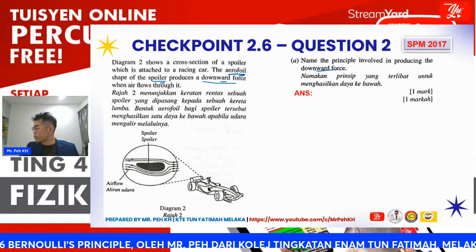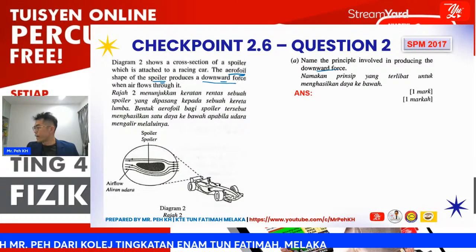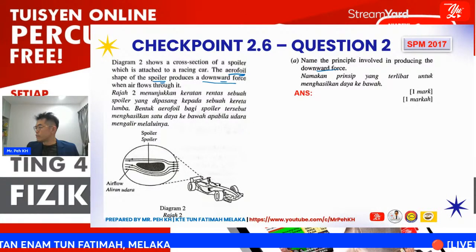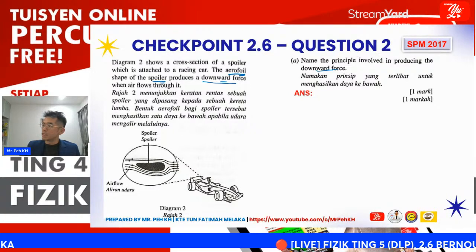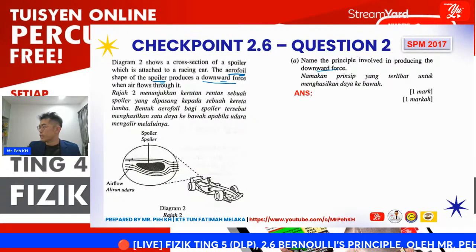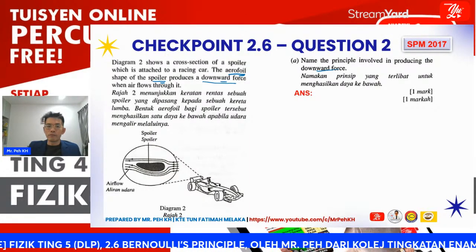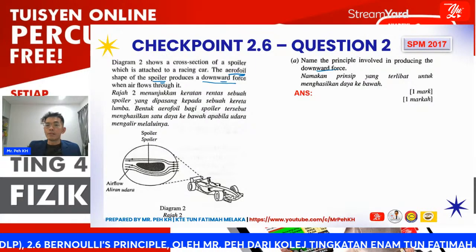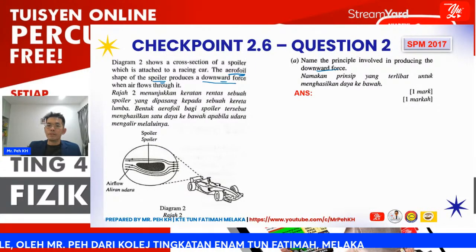Just now I saw the reply from Jimmy, S over T. Correct, but actually we had better give the statement compared to using a formula. If I say using symbols, you have to give what the S is, which should be distance, and T is the time.